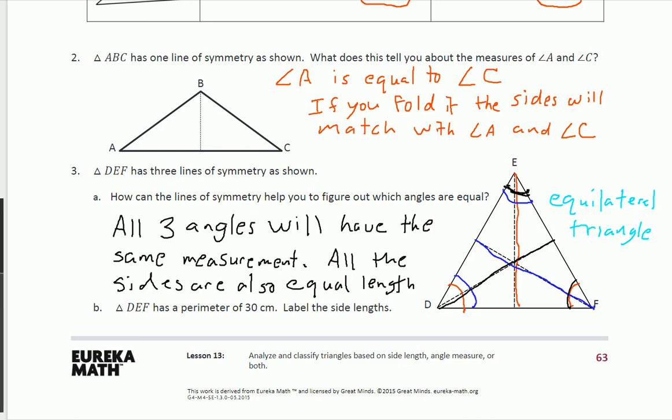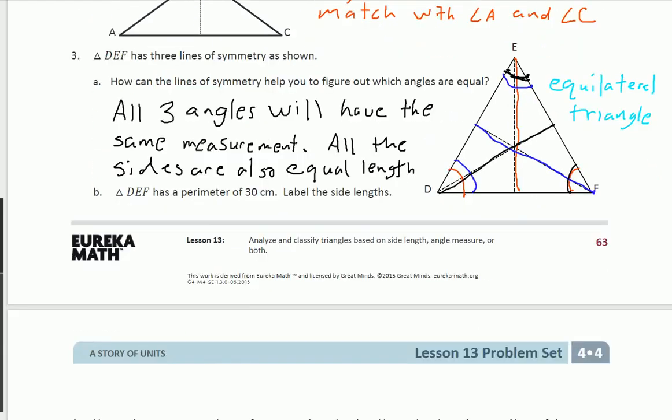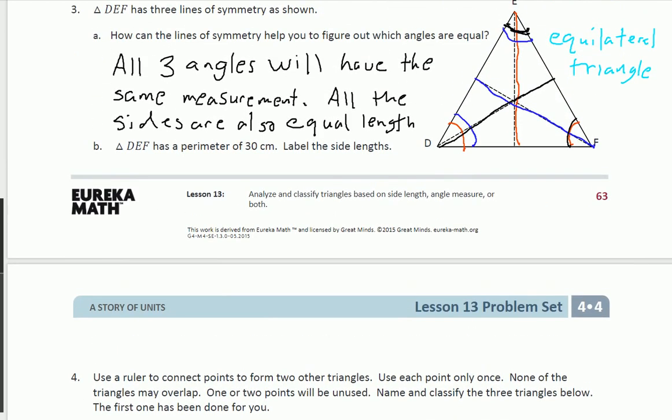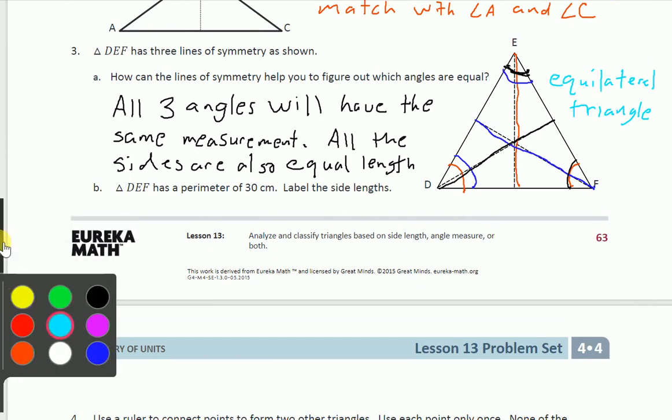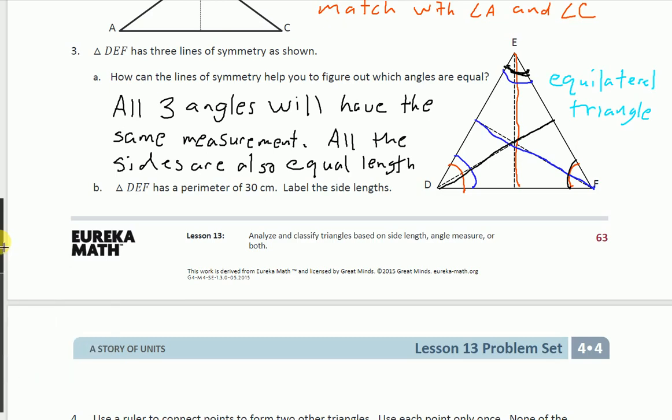And question B says that DEF has a perimeter of 30. Label the sides. Well, we just said that they have equal length, so they're all going to be... it has a perimeter of 30.